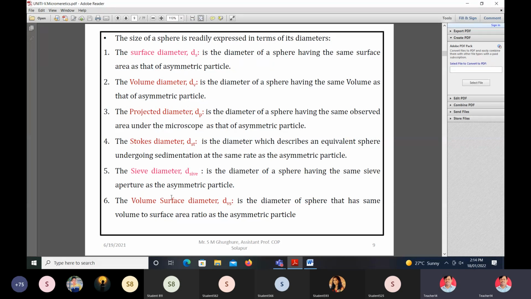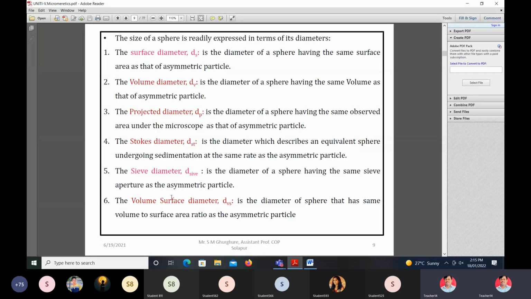Stokes diameter is defined as the diameter of an equivalent sphere undergoing sedimentation at the same rate as the asymmetric particle. Sieve diameter: the diameter of the sphere having the same sieve aperture as the asymmetric particle is called the sieve diameter.